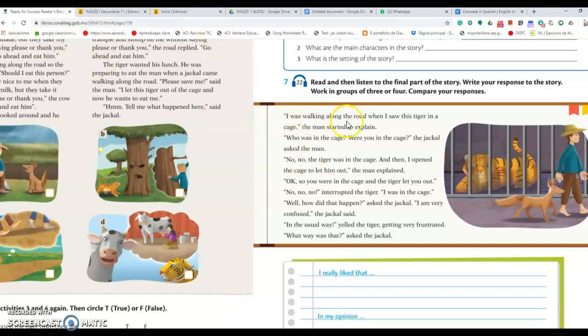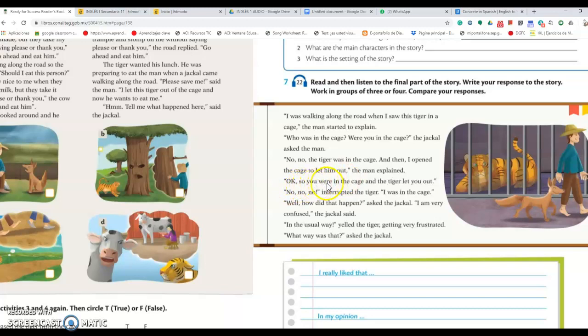I was walking along the road when I saw this tiger in a cage. The man started to explain. Who was in the cage? Were you in the cage? The jackal asked the man. No, the tiger was in the cage. And then I opened the cage to let him out, the man explained.